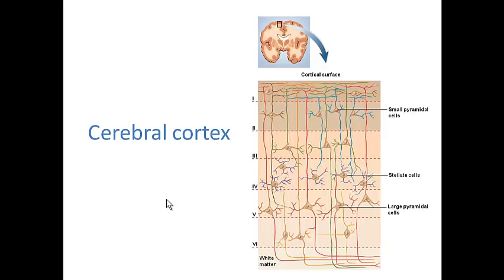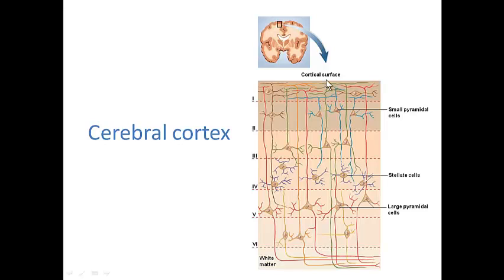What I think is one of the really amazing things about the cerebral cortex is the fact that the neurons that make their way to the cerebral cortex make their way to the right place. During embryonic development, our neurons crawl all the way to the surface of the cerebral cortex.